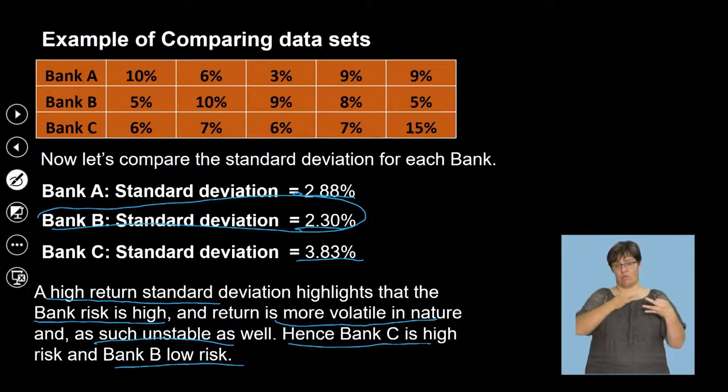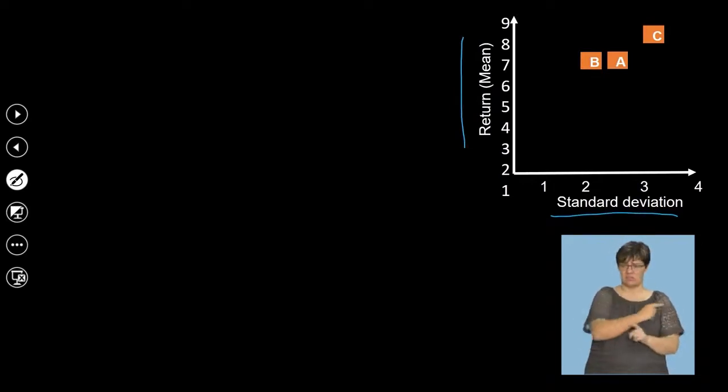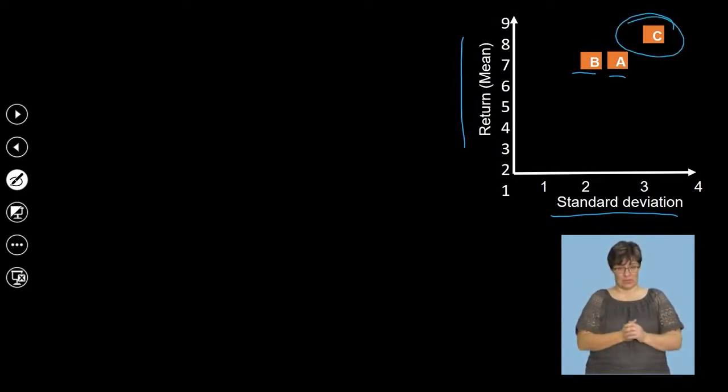Okay. Now we can represent this. It's the standard deviation against the return, which is the average. See what we get. What does that mean? It implies C is actually higher risk. So the bank which is better, lower risk, would be that one.